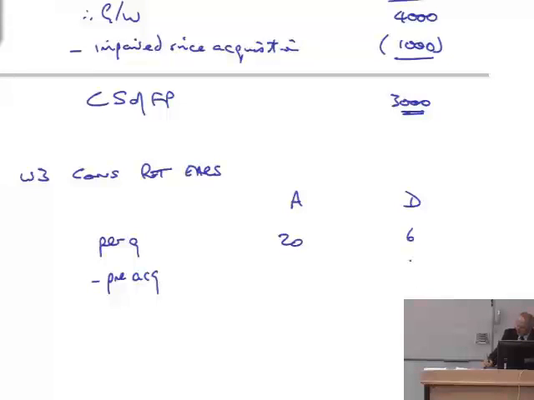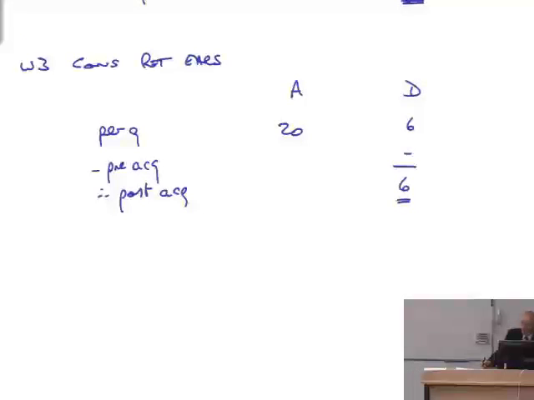Well, there was no pre-ACC. We bought on the date of incorporation. Therefore, post-ACC was 6. And our share is 60%. Which is 3.6.